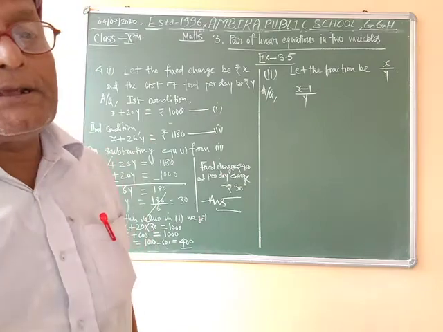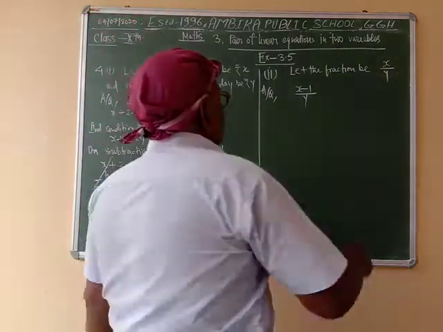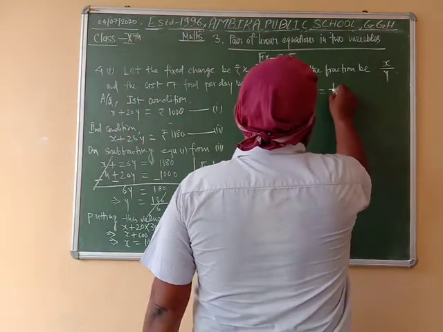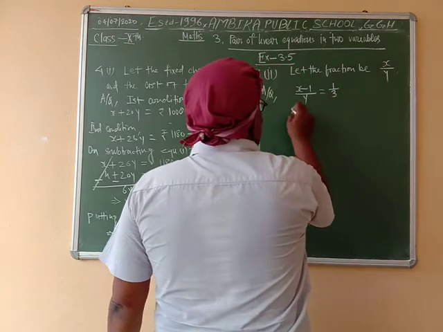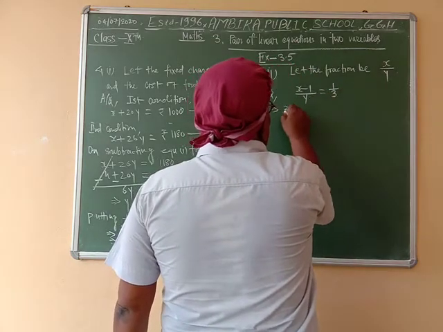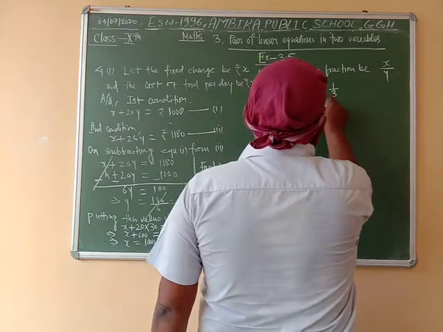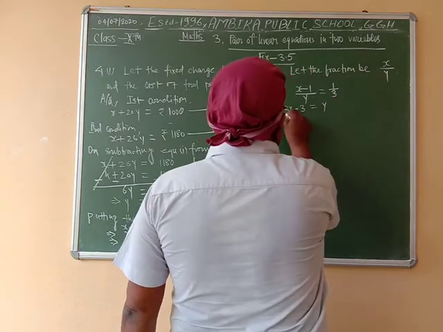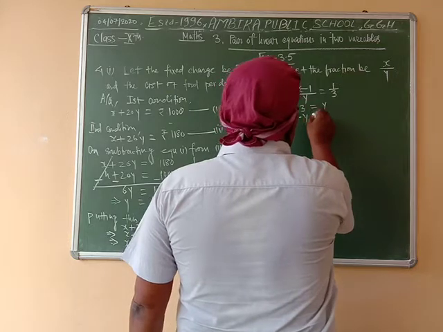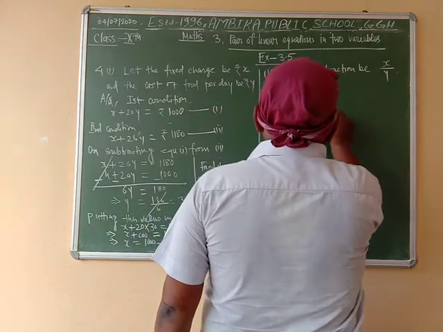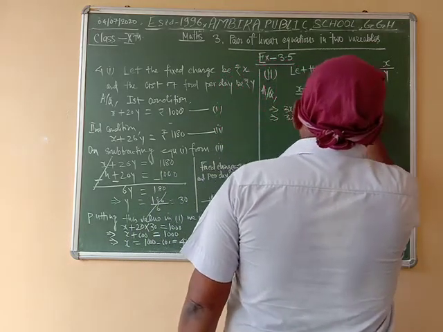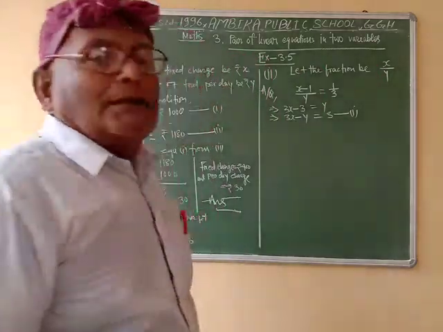So we can write 1 by 3, or 3x minus 3 is equal to y, or 3x minus y is equal to 3. Let us call this equation number 1.